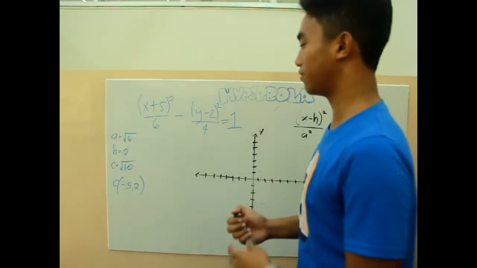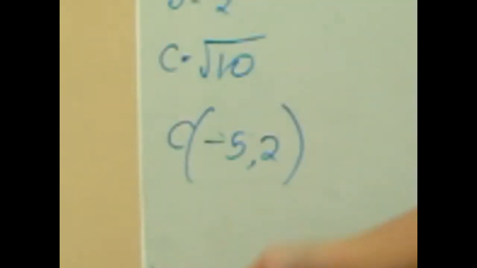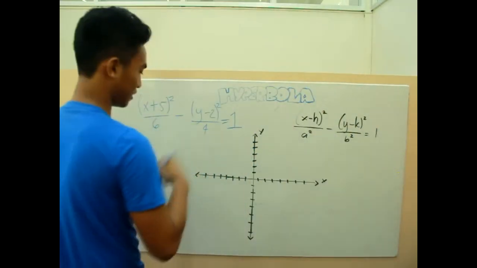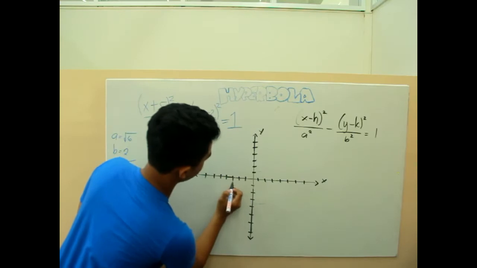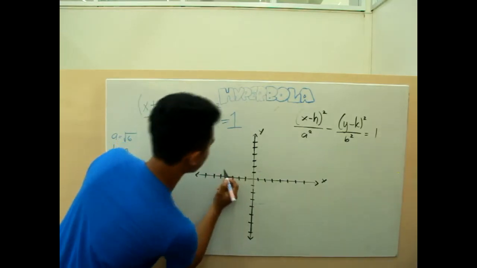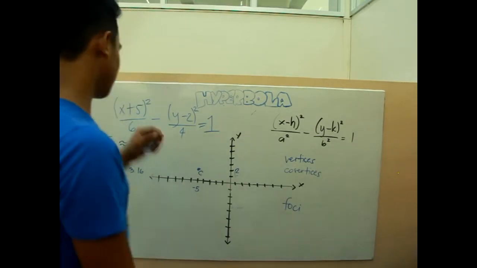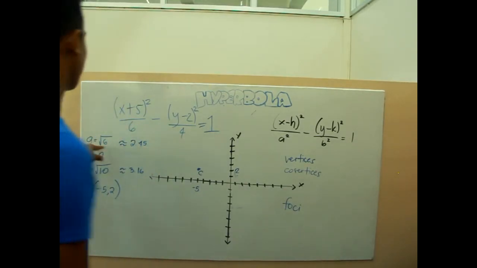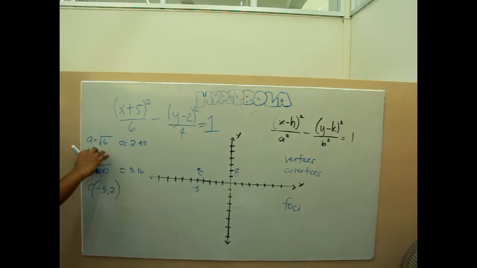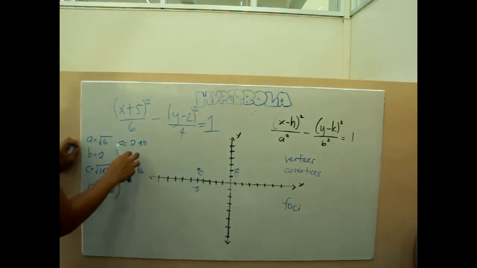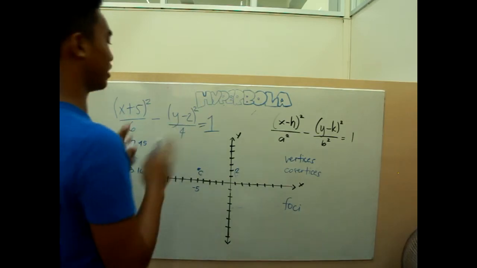So we already have the center, which is negative 5, 2. We're going to plot it. 1, 2, 3, 4, 5, then 1, 2. So this is your center. To get your vertices, we need to use this a as the distance from your center to your vertex. So we need to count 2.45 to the right and to the left.